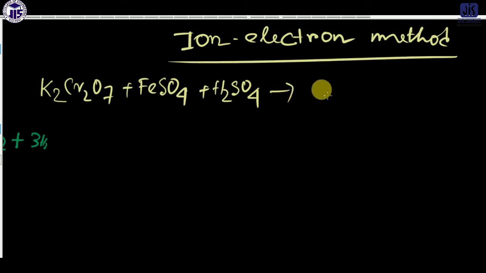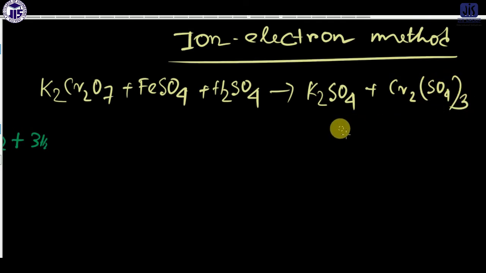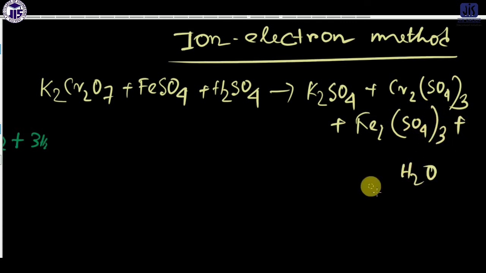K2SO4 plus Cr2(SO4)3 plus Fe2(SO4)3 plus H2O. So this is the common reaction where we will do the balancing by the ion electron method.